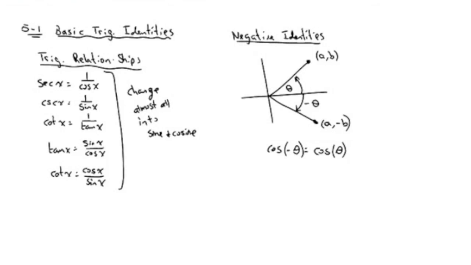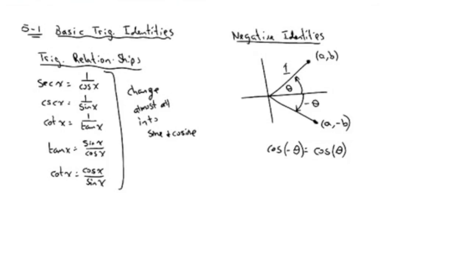If these two points are on a unit circle, this radius is 1, then if you take cosine of negative theta, cosine is the first coordinate. So if it's equal to a, this one's also equal to a, and that's cosine of positive theta. So cosine of negative theta is the same thing as cosine of positive theta.